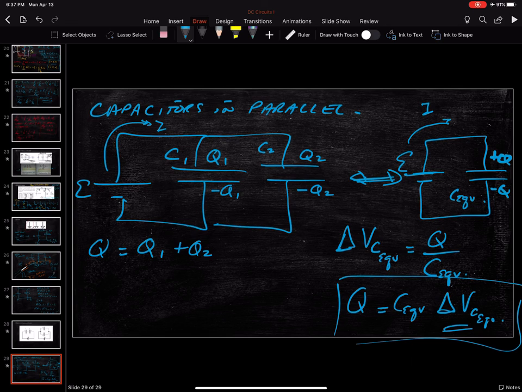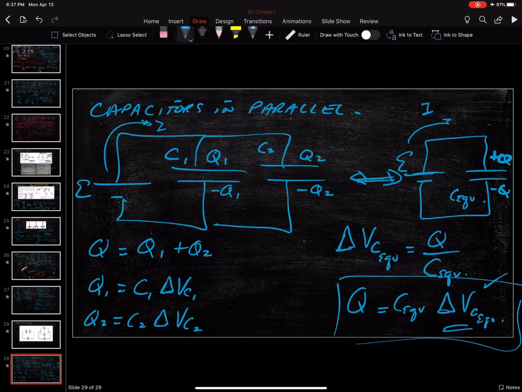Now, because there's charge on plate 1, Q1 should be equal to C1 delta V C1. And Q2 should be C2 delta V C2, just from the definition of the change in voltage through the capacitor. All right, so far so good.